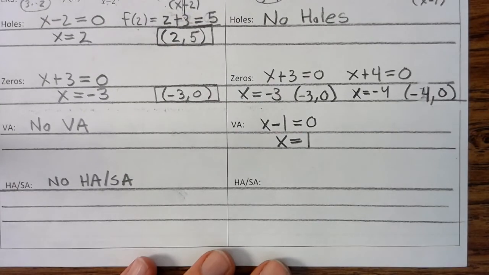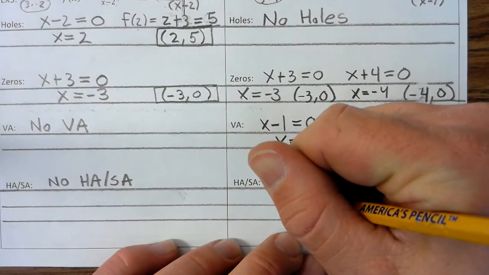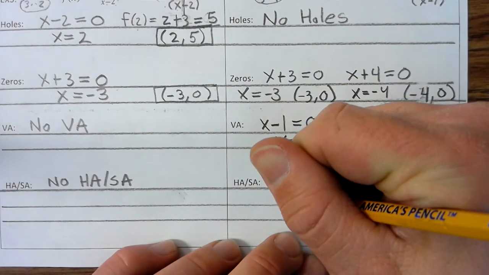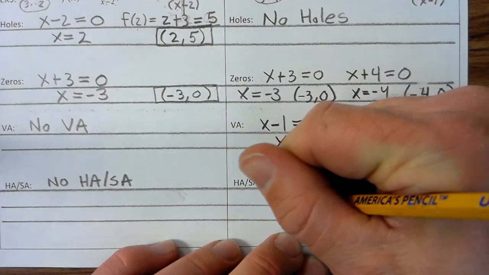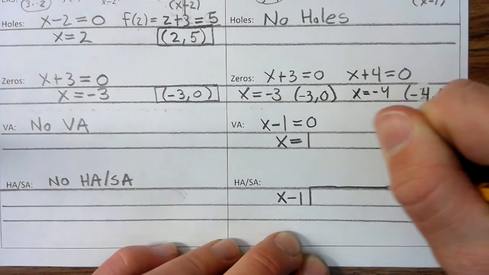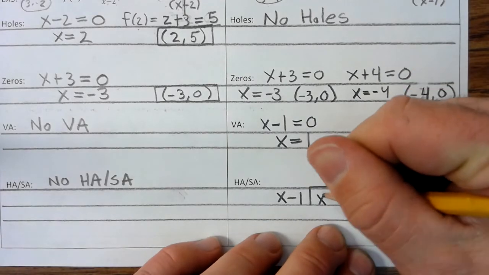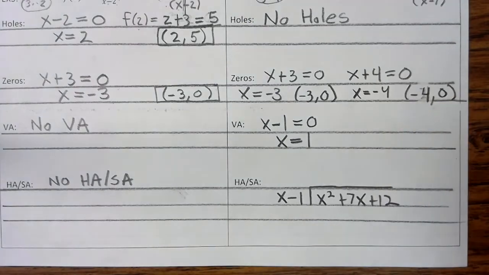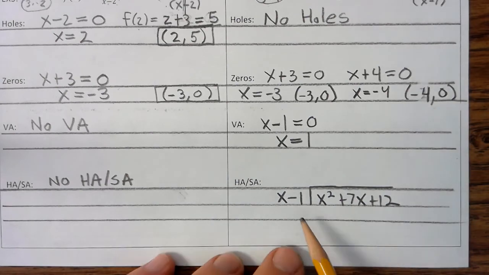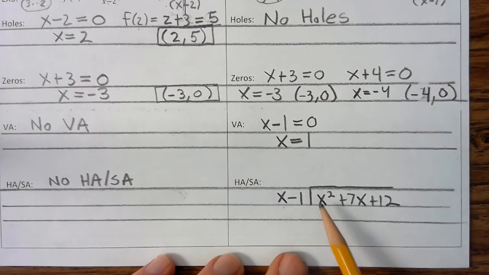And then for the horizontal or slant asymptote, you have x minus 1 divided by x squared plus 7x plus 12. And so then you have to think about, well, what do you multiply x by to give you x squared?